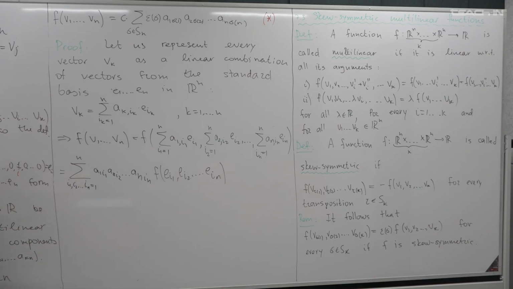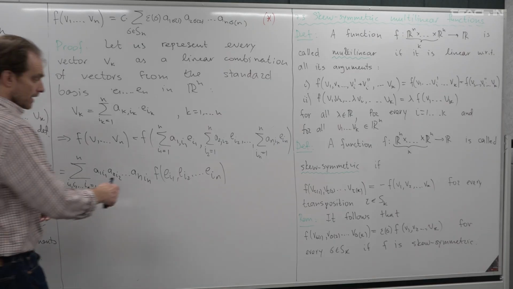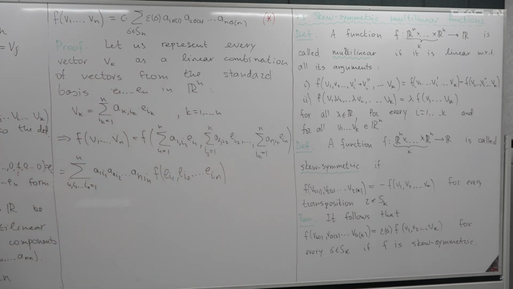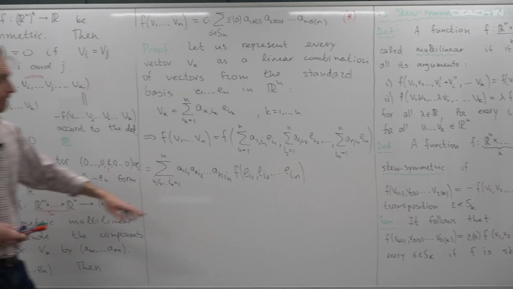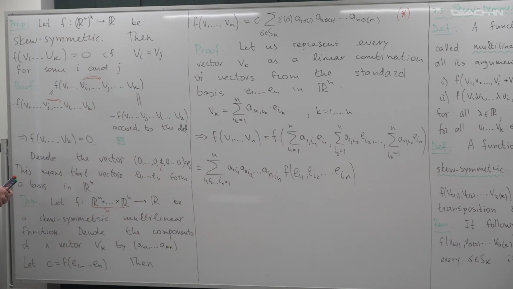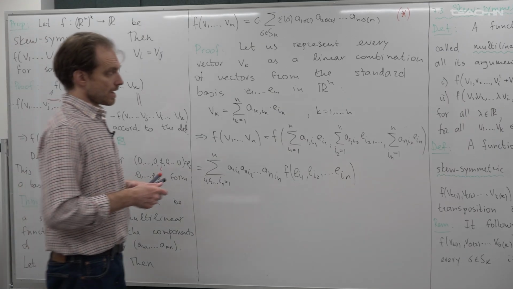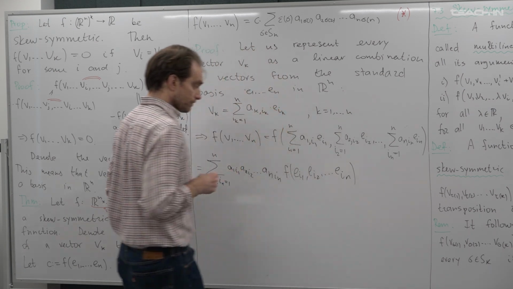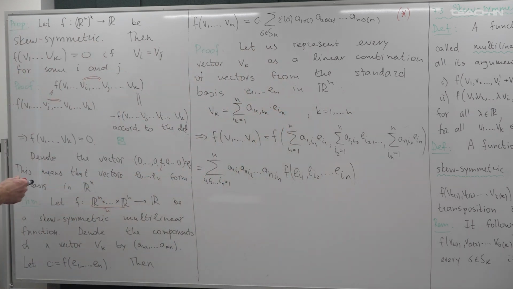Okay, then we can observe that, according to the proposition that was before, the value of f on the set of vectors from the basis is 0 if there are two arguments that are equal.